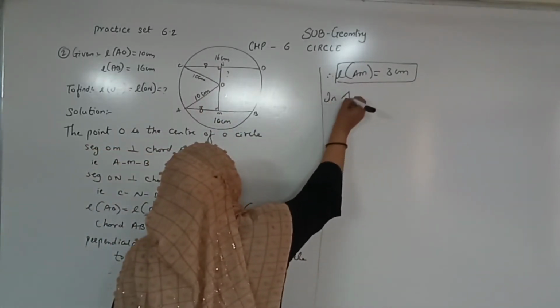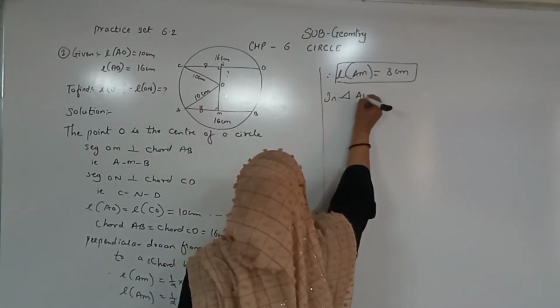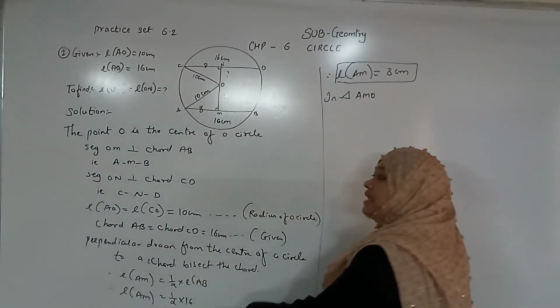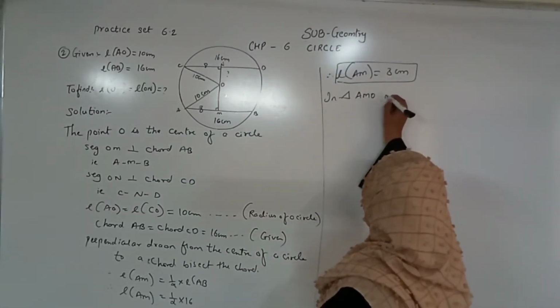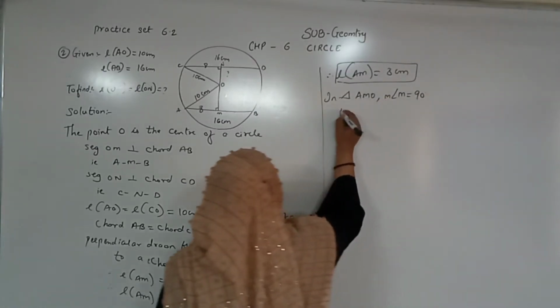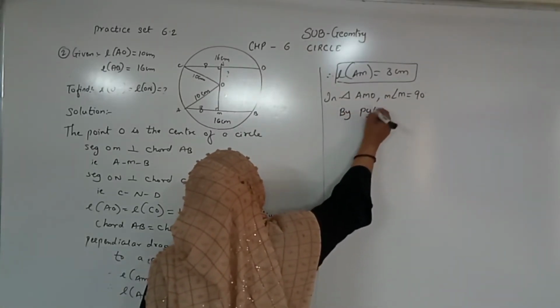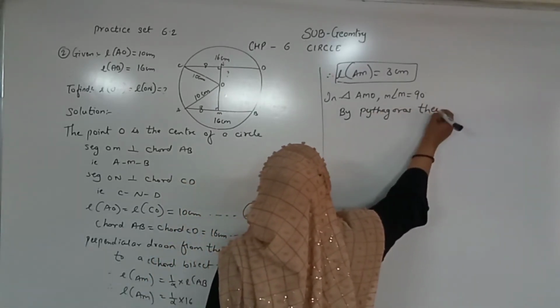Now I am going to assume a triangle, triangle AMO, with the same pattern we learned already in 6.1, where angle M is 90 degrees. If the angle is 90 degrees, we can use the Pythagoras theorem.